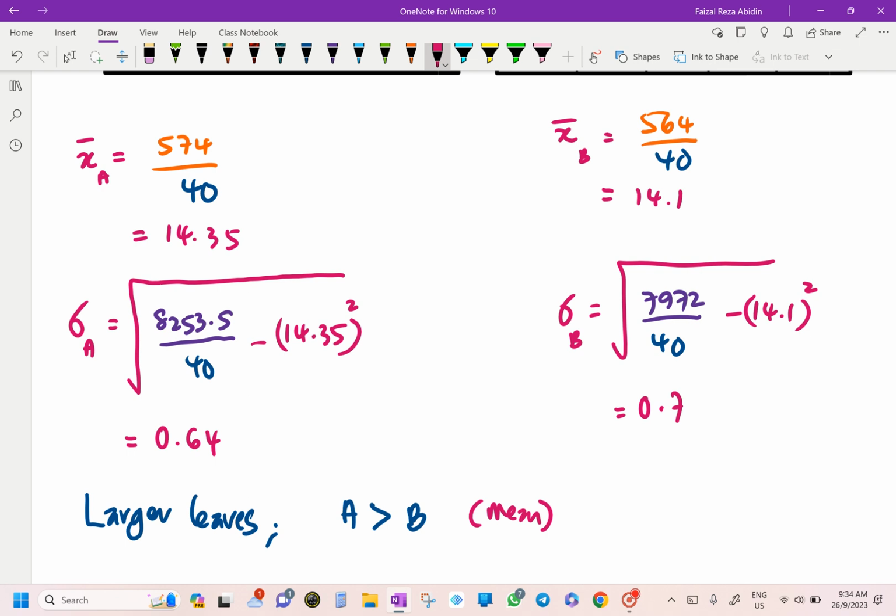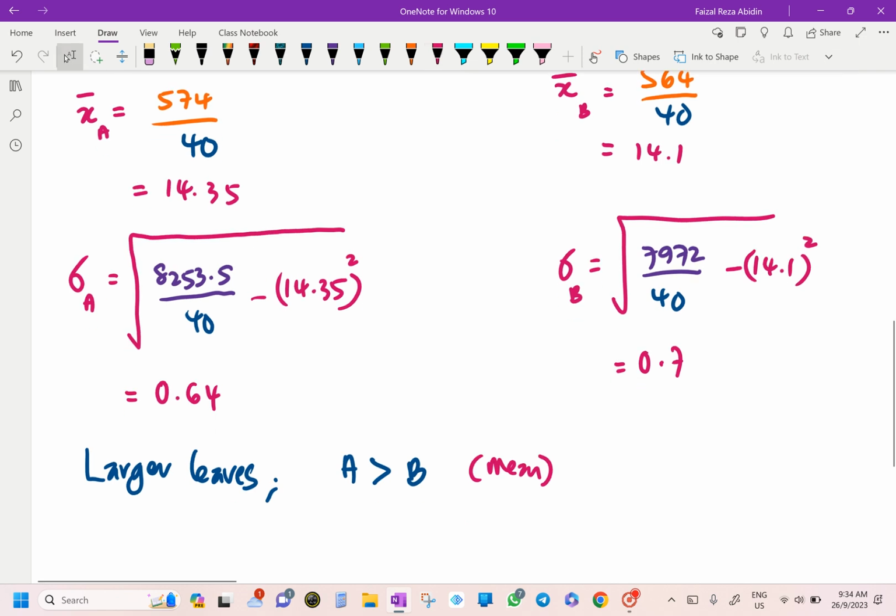For consistency, we look at the standard deviation. The smaller standard deviation shows the leaf is more consistent.